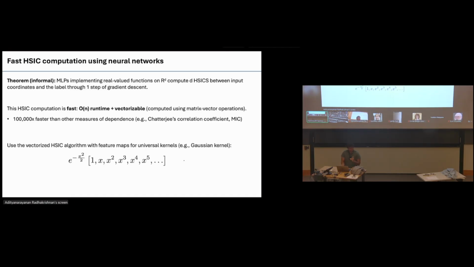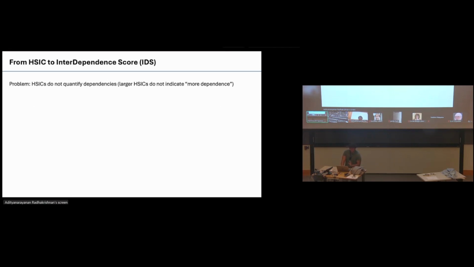And in fact, you can construct neural networks that, when you use a specific nonlinear activation, approximate a universal kernel. It will approximate a statistically consistent HSIC, but do so in a very efficient way. So that's my interlude on HSICs. I know I went a little bit fast there, but you can ask me if you have any questions afterward.